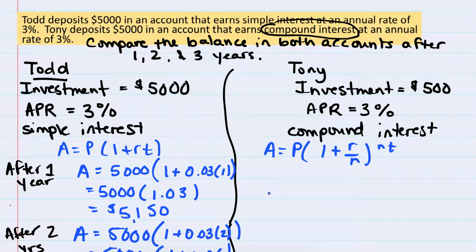So for our problem, N is 1. And how we know this is because it says annually. Usually it'll say compounded annually. For this problem, it's just saying annually and doesn't have that information. So we're assuming that it's once a year. In other words, they're only adding interest to Tony's account once a year.